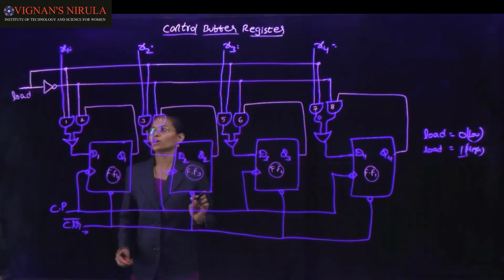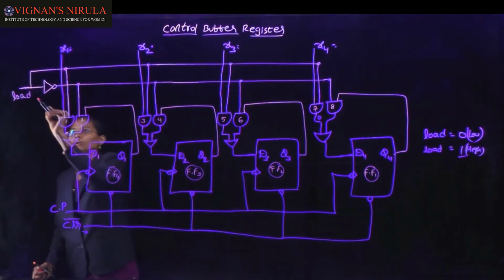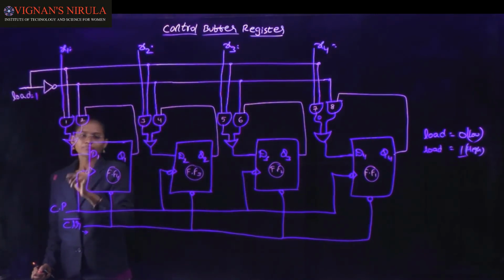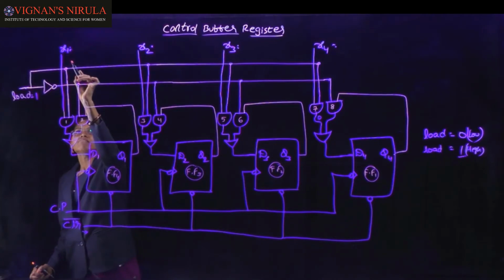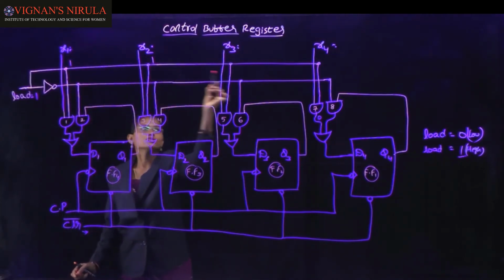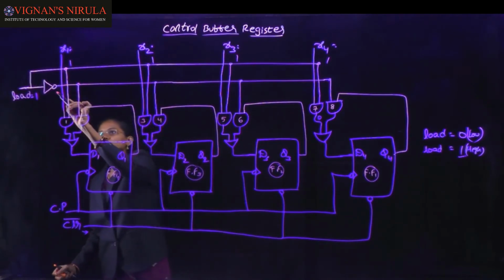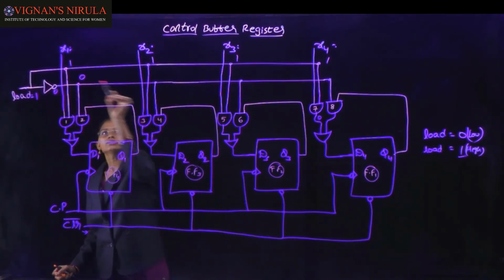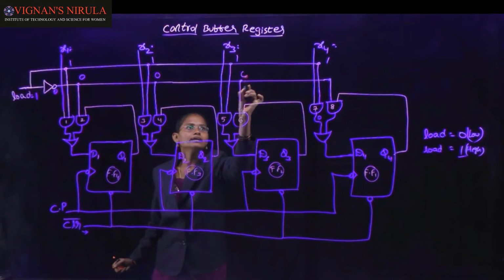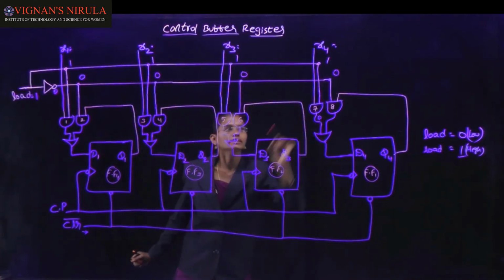Okay, 4 flip-flops. Here first see the load condition is 1. The direct line is 1 and here also 1, 1, 1. And next the inverter is 0. The 0 is here and here also here and here.